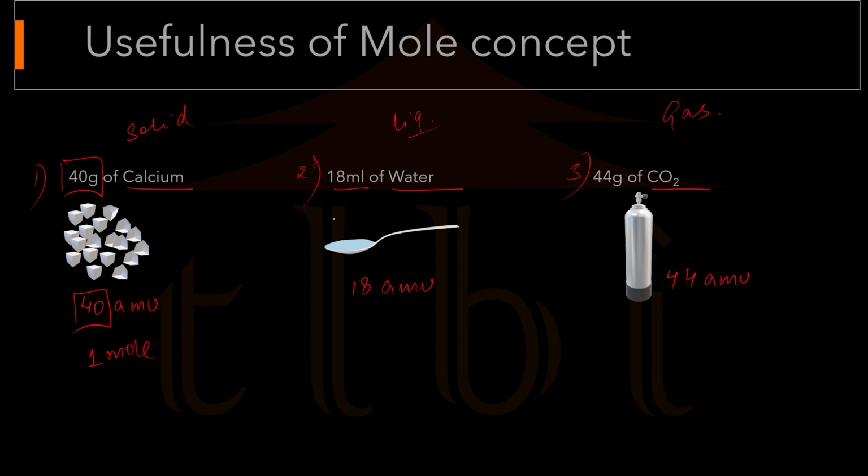Now 18 ml of water will weigh approximately 18 grams. Again the same thing, that means it is 1 mole of water, and similarly we have 1 mole of carbon dioxide. If you take 44 grams of carbon dioxide, that will have the same 6.022 into 10 to the power 23 molecules.